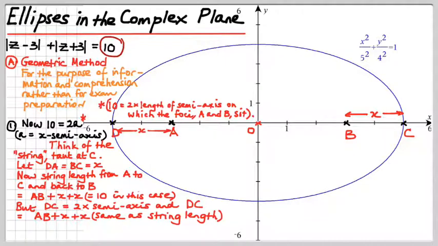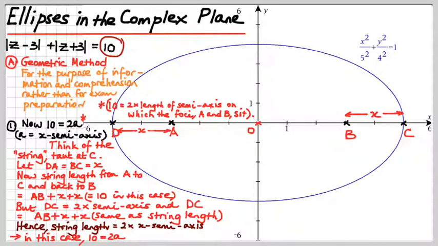So therefore, I've proved to you that the string length is actually equal to twice the x semi-axis, right? So now you can just take that knowledge into the future and always use it, okay? In this case, 10 equals 2a, yeah. Okay, so a is 5, very good. And there's that immediately, just from looking at your locus expression, you can put that number in there.